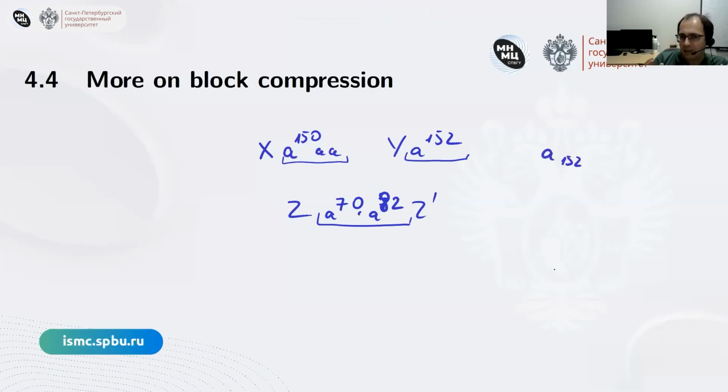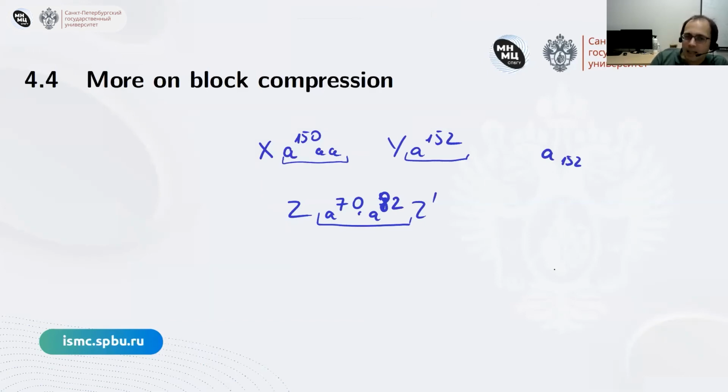So the fact that this was 152 was important for a very short moment, and afterwards it's only important that they were the same. So if those lengths were somehow completely different, it would still be fine, as long as they are the same. In the end, we would get the same lengths.